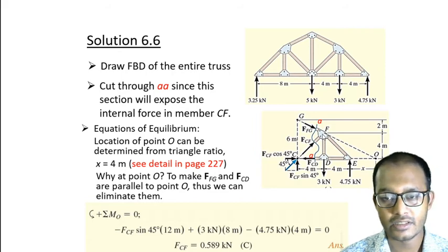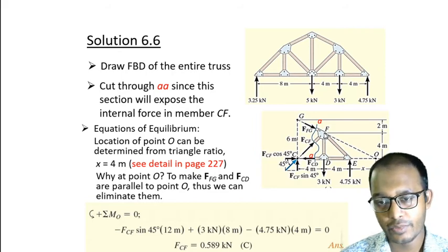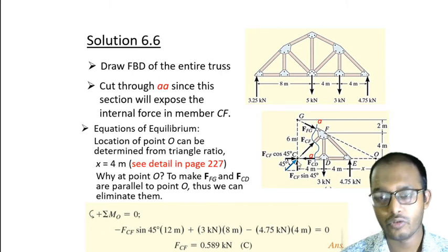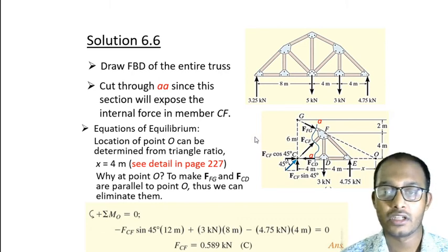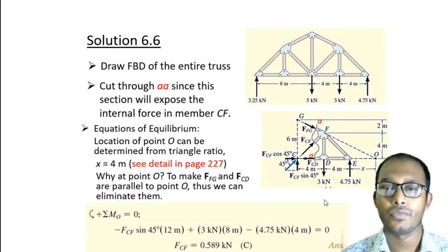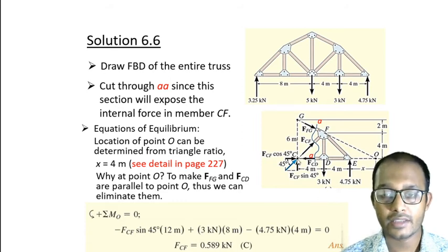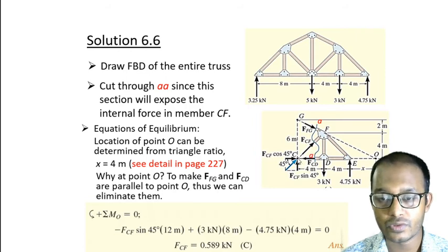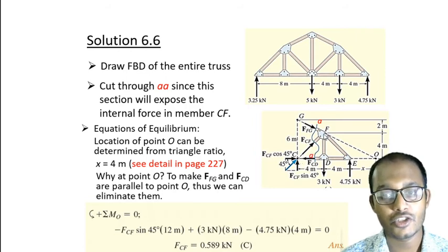If we consider it is in tension, then the force will come from this direction, and at that time you need to consider it in this way and this way. Okay, keep it in your mind. So as you have considered compression, we need to assume that this force is here. If you consider it in tension, then the origin will be from here.